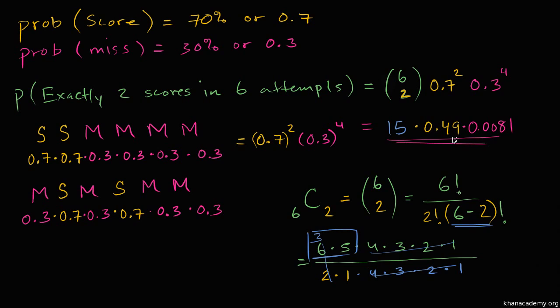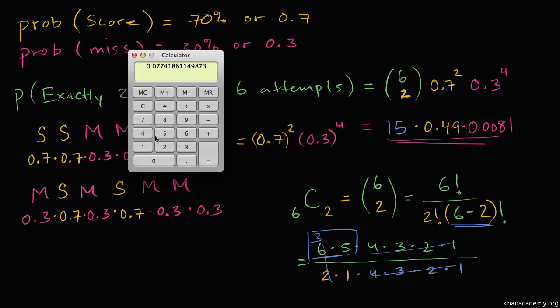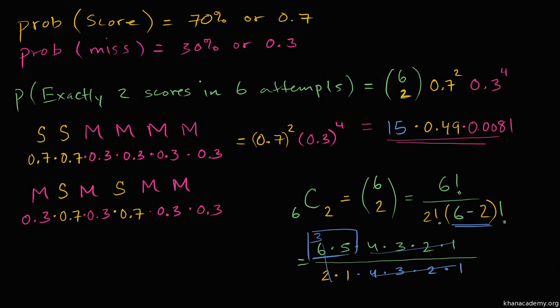Whatever this number is, I might as well get a calculator out and calculate it. So it's 15 times 0.49 times 0.0081, and we get 0.059535.